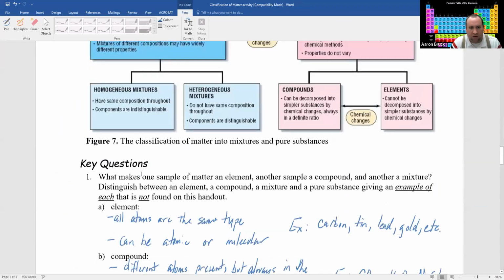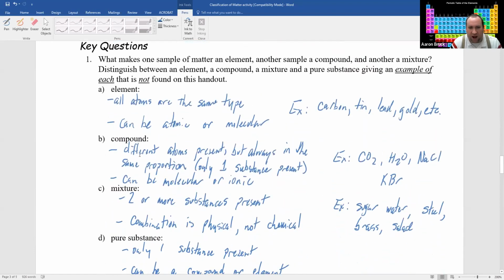With a compound, we have different atoms present, but they're always in the same proportion. And so if I'm looking at a compound sample, I'm only going to see one substance present. That substance is going to have some kind of either a molecular or ionic view, but it's definitely going to be one substance.